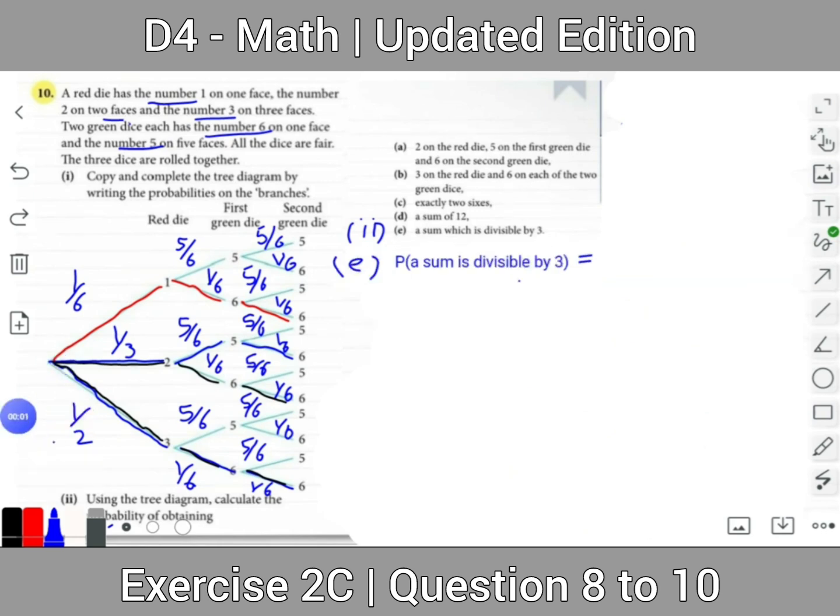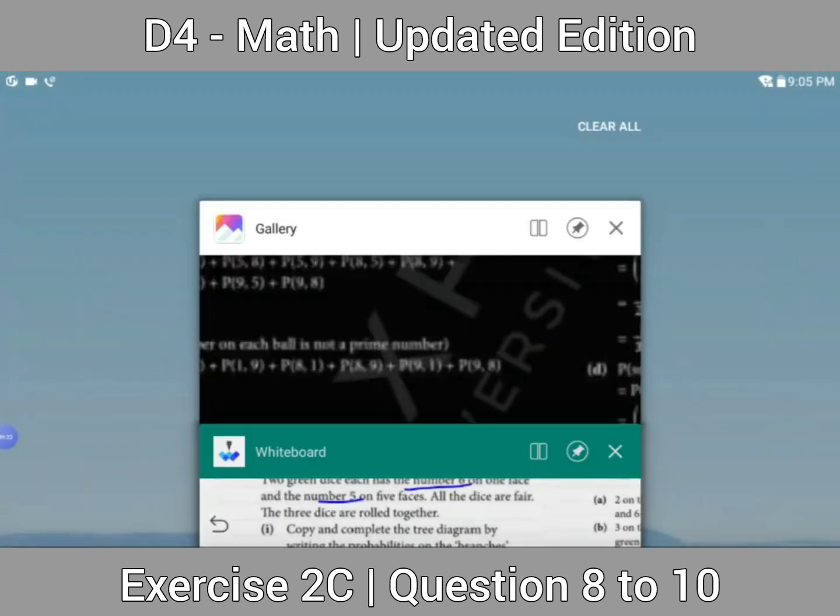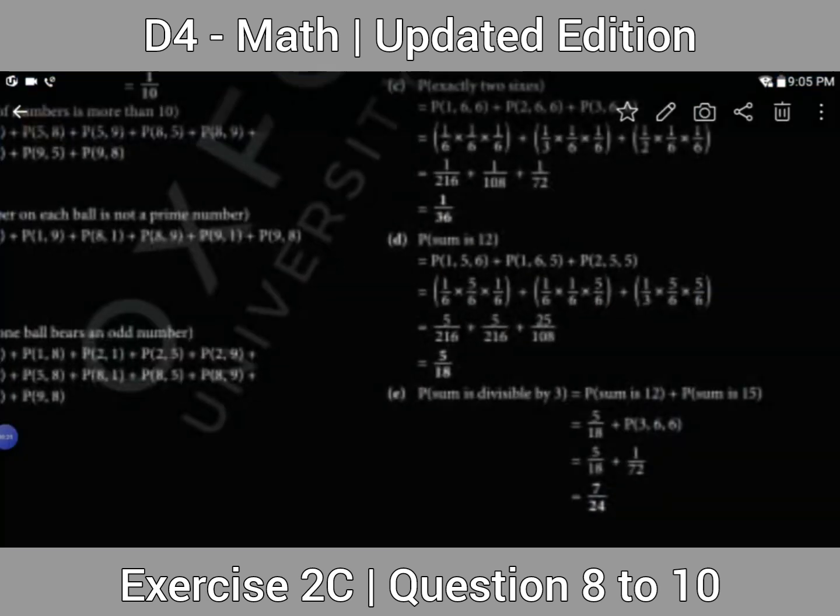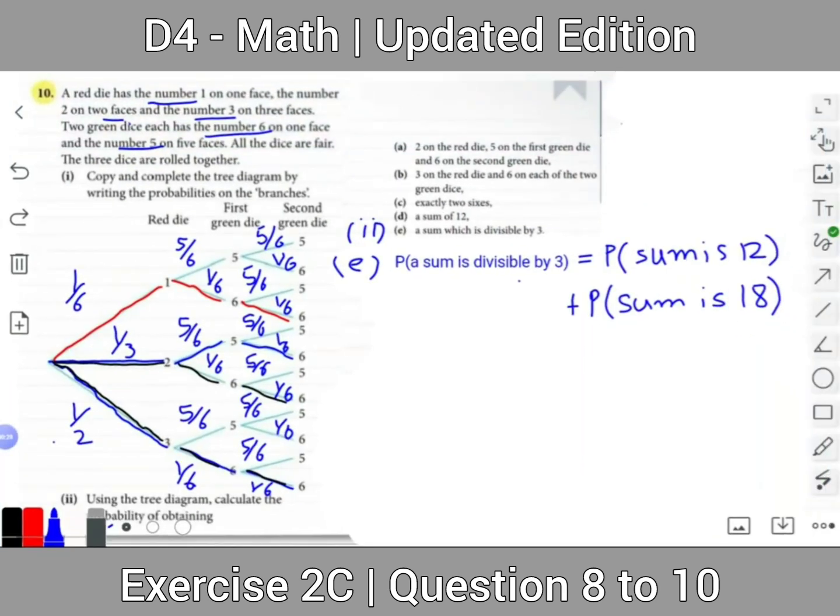Now in part E, what is the probability that the sum is divisible by 3? So here we have two possibilities: the sum is 12 plus the probability that the sum is 15. Both numbers are divisible by 3.